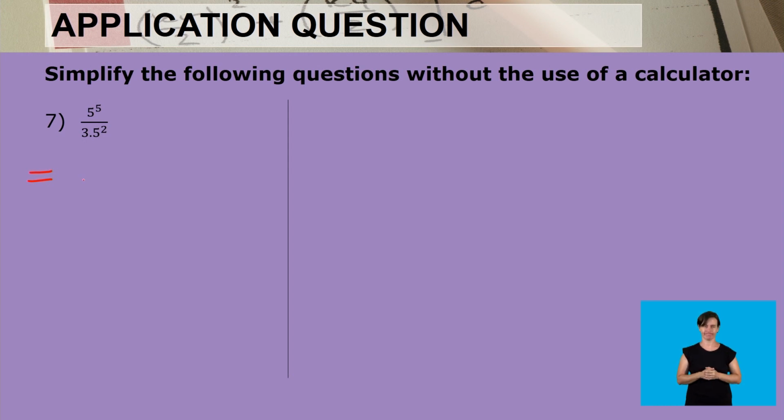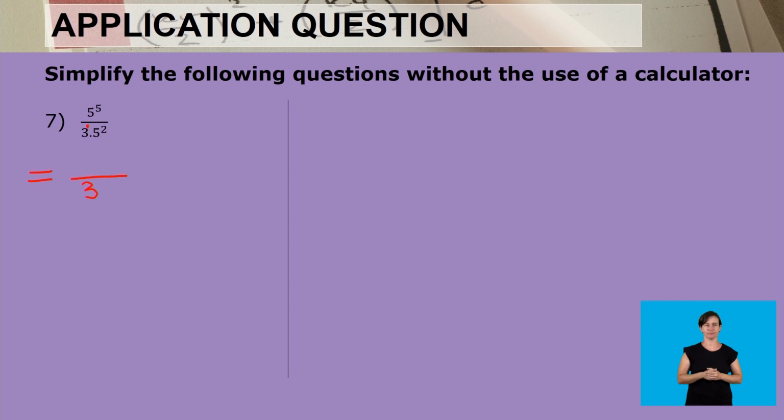Now look at that 3 there, and as we can see, that 3 has no other base that is the same as it. Well, firstly, there is an exponent 1 there, but it is in the denominator. And when we look at the numerator, it does not have a power that has the same base as it. So it is going to remain as a denominator 3 as it is.